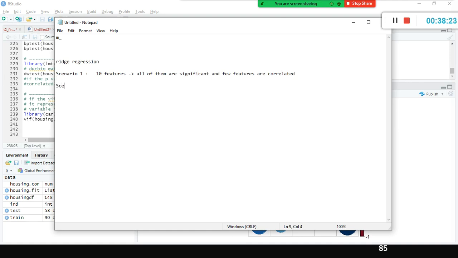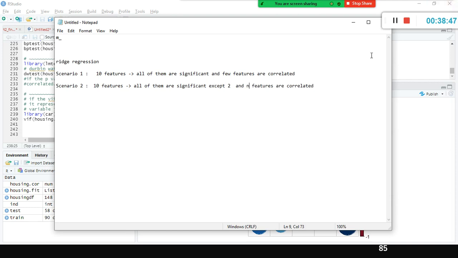So scenario 2, when I am not supposed to use it, when it is not helpful: the same thing, 10 features are there. All of them are significant except 2, and 4 features, n features, are correlated.